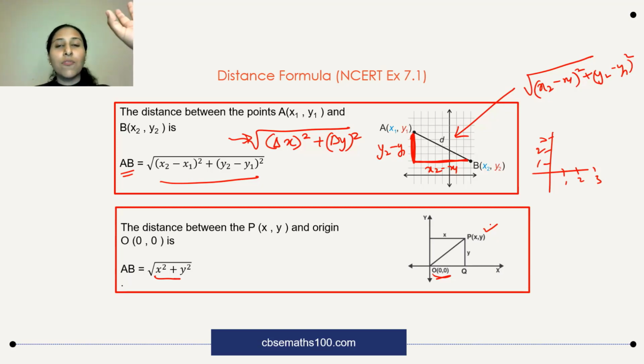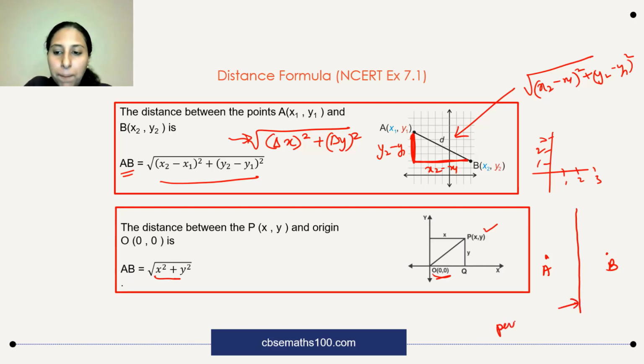The question where you're asked about a point which is equidistant from 2 points. So if you're having 2 points A and B, and you want to find out the coordinates of a point which is at equal distance from these 2 points. Remember, any point which is there on the perpendicular bisector will be at the same distance from A and B. It will be at equal distance from A and B. So I can have a point over here, let's call it x comma y.